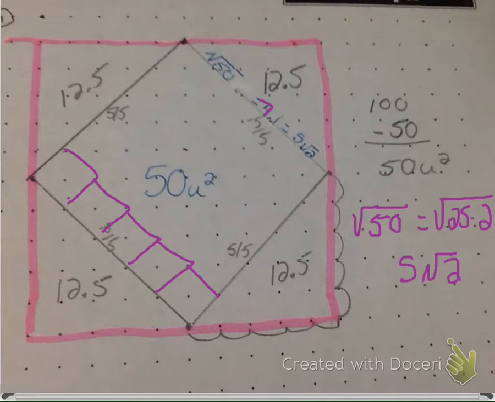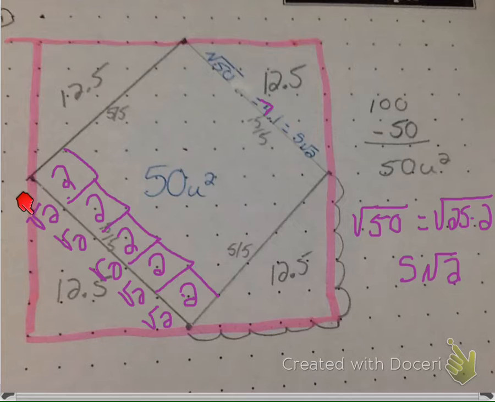And if that's true, then their side length has to be the square root of 2, the square root of 2, the square root of 2, the square root of 2, the square root of 2. Altogether, I have 5 square roots 2, which is what I said the length was over here in simplest radical form.